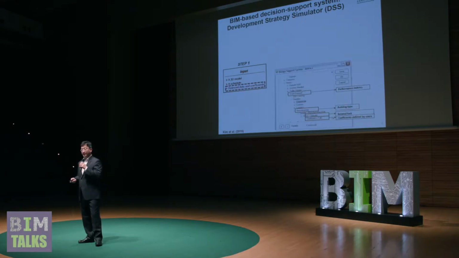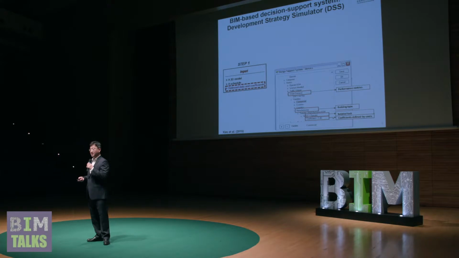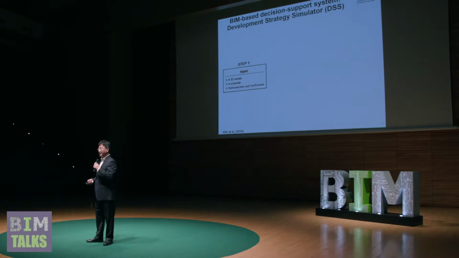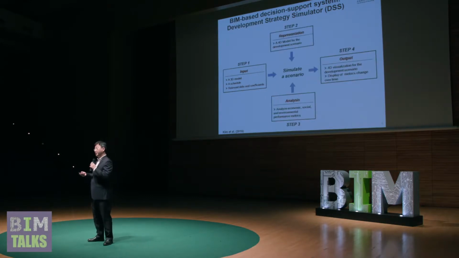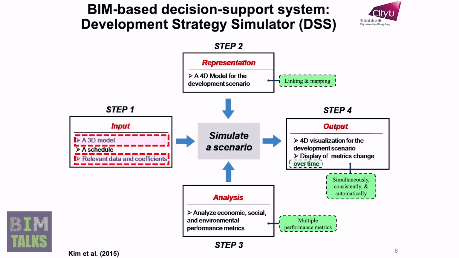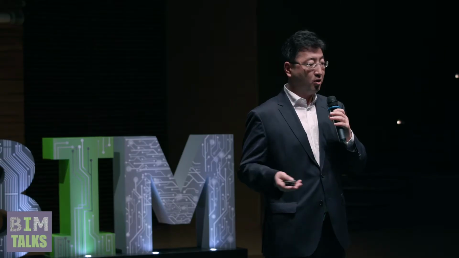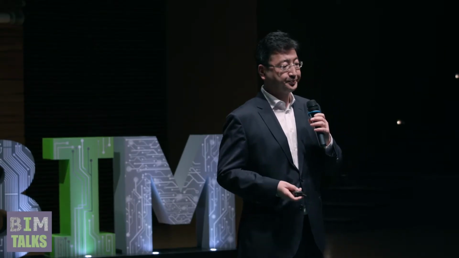It also formalizes coefficient information using performance metrics, building types, and related tasks. Using that information, it generates a 4D model, analyzes multiple performance metrics, and then visualizes and displays the schedule and development progress as well as multiple performance metrics at the same time.